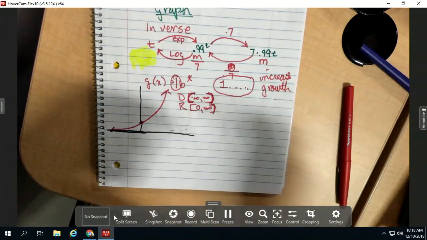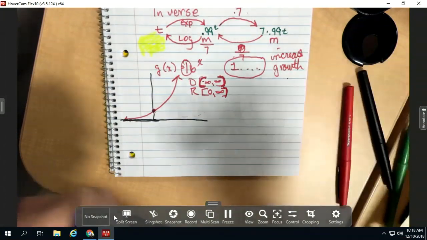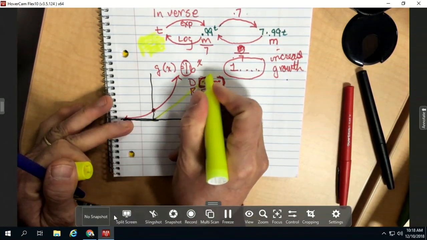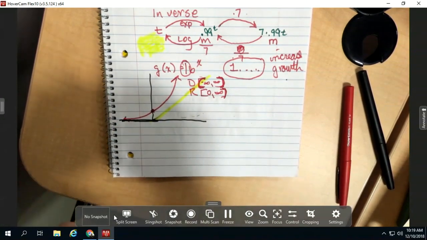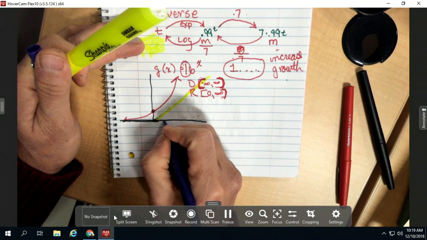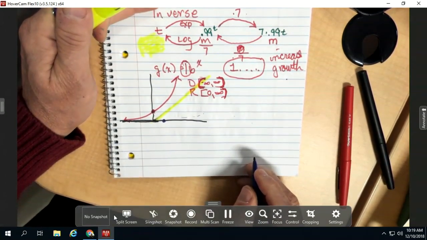What is the domain and range of its inverse? Do you recall how we graph an inverse function? Can we just flip the x and y or no? Yes, we can. Exactly. That's what we do. Nice. We flip the x and y, and so instead of going through over 0 up 1, we'll go through over 1 up 0.